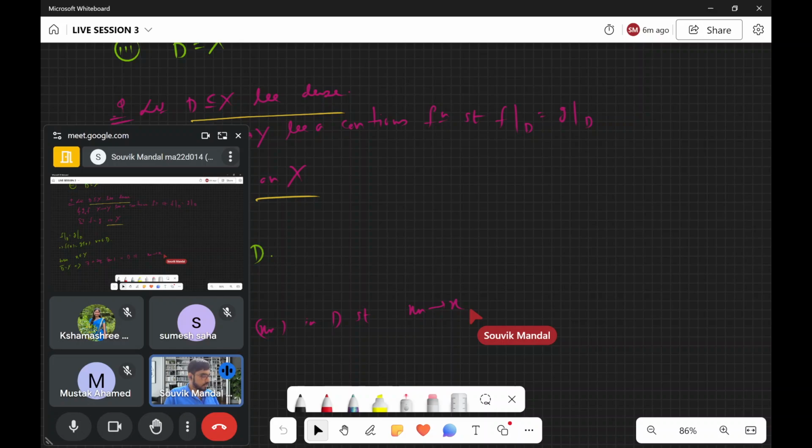Now since xn goes to x, by continuity of f, f of xn goes to f of x.